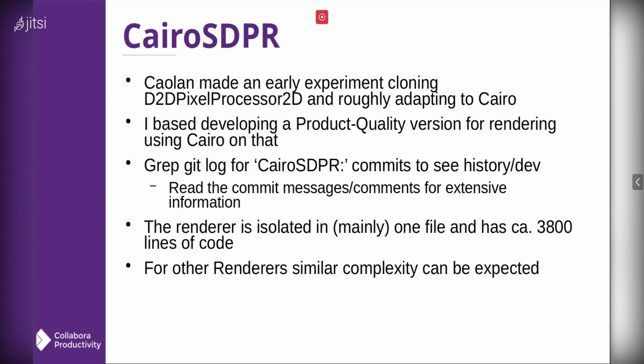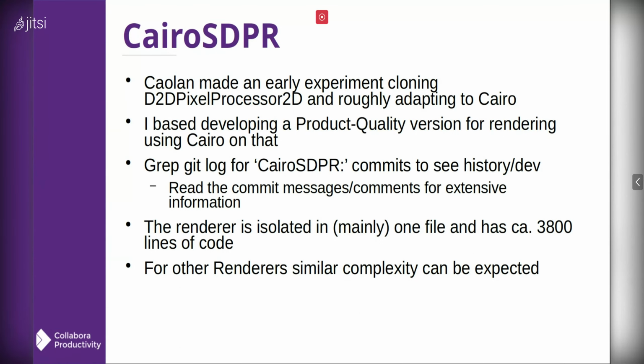So Cairo SCPR, col.la made an early experiment cloning that prototype for Direct2D I did, roughly adapting to Cairo, and I then grabbed that and drove it forward to product quality.